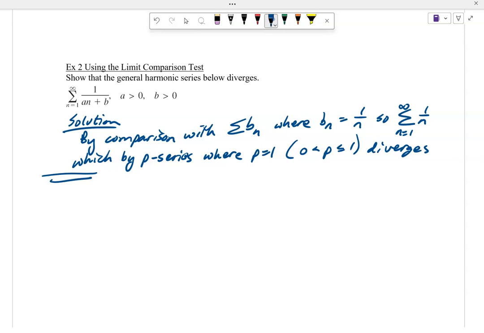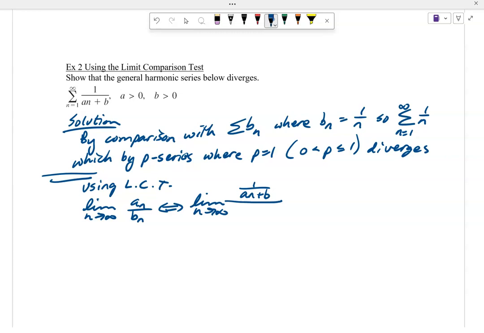And so now we can use the limit comparison test. We'll run the limit as n goes to infinity of the original over the one we're comparing it with. So we've got 1 over an plus b over 1 over n.